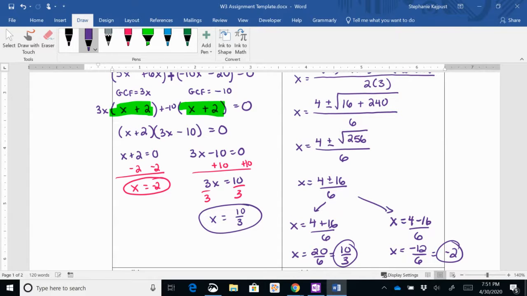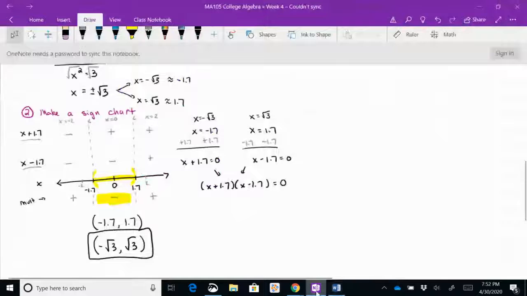In last week's videos, I think it was, there was an example where you put the lines that went down, and then you did a positive, negative, positive, and it was about the integers, I believe.